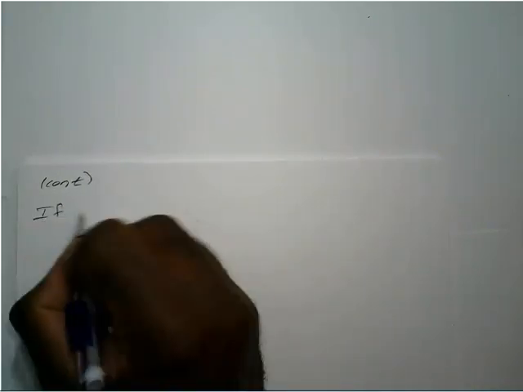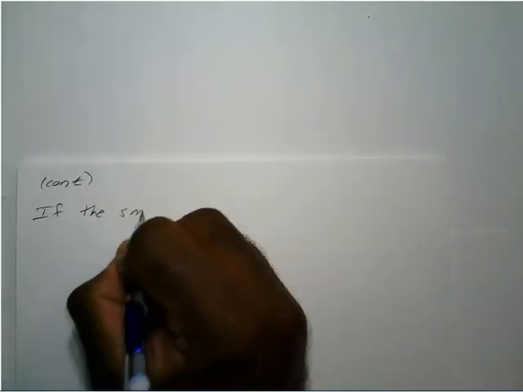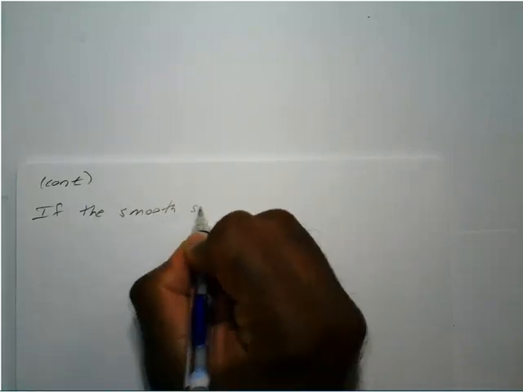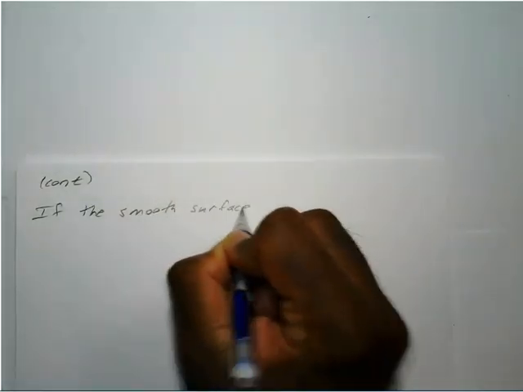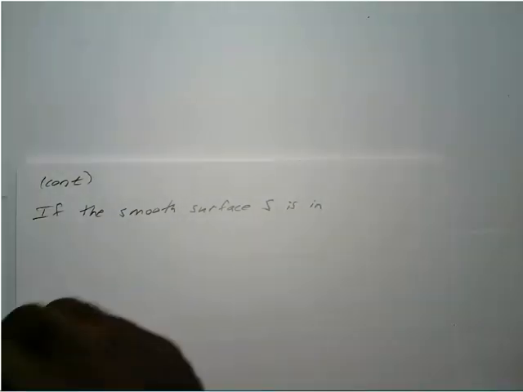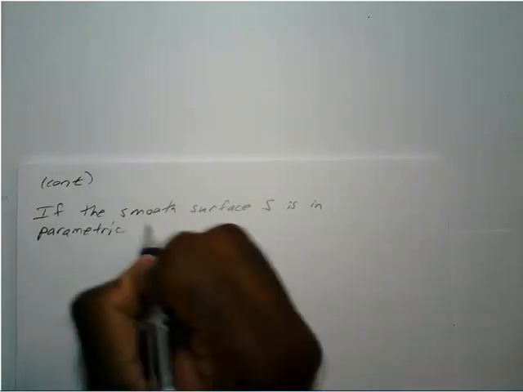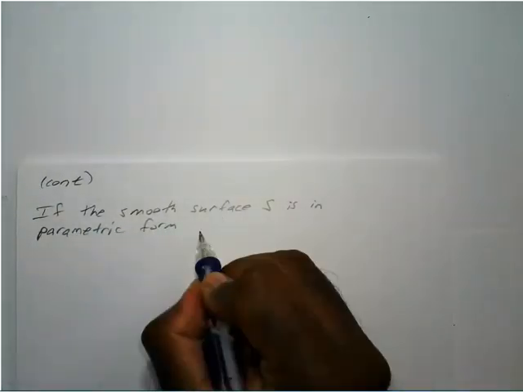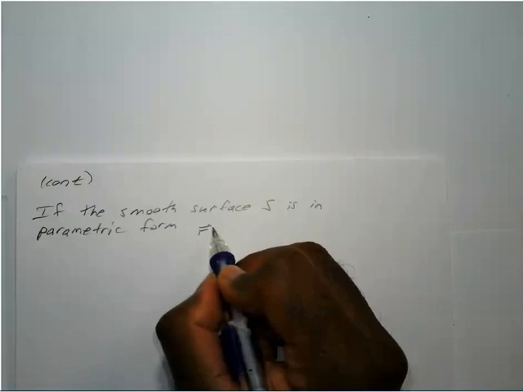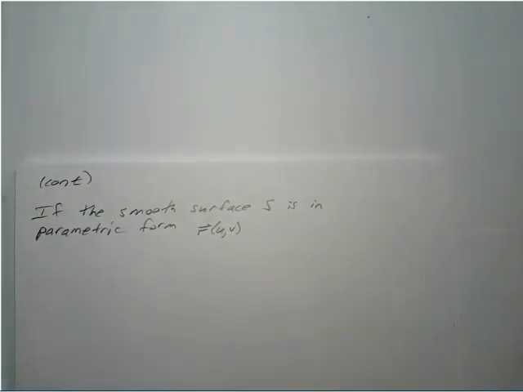Okay, so let's say the smooth surface S is in parametric form. Let's say R is a parametric function of u and v.